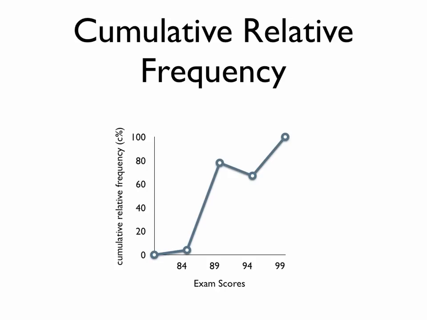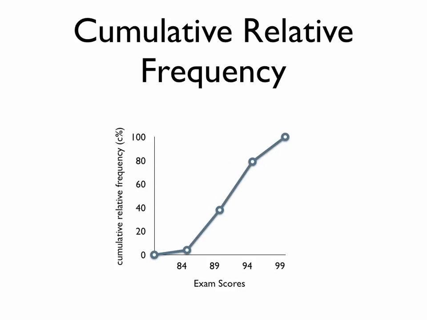So if your cumulative relative frequency graph dips, just as if your cumulative frequency graph dips, something's gone wrong. It can be flat, but it cannot dip. So this dip at 94 is wrong. Just keep that in mind as you're going to create these on your own.